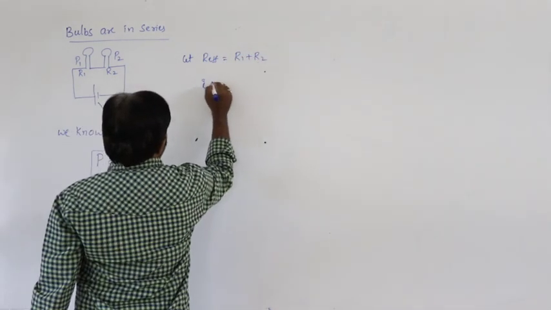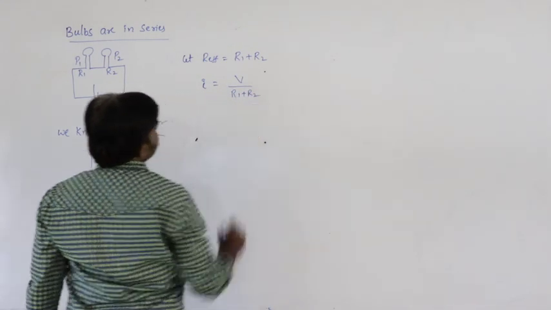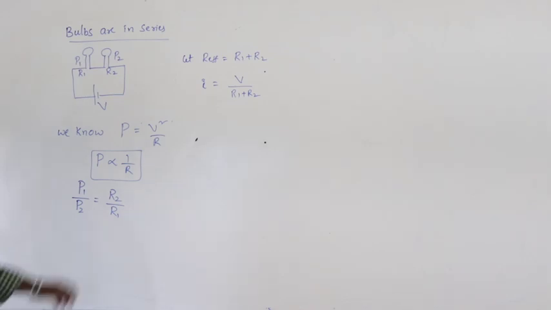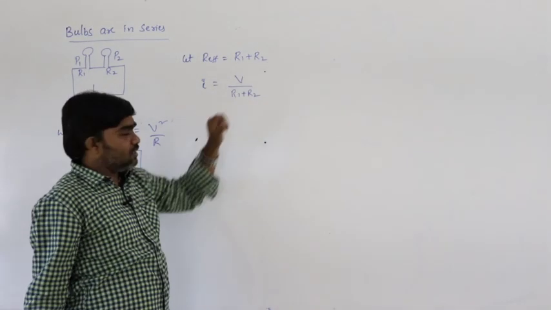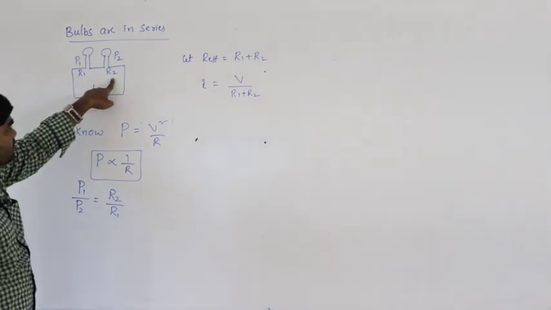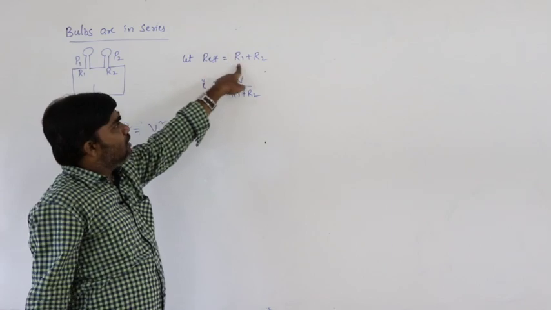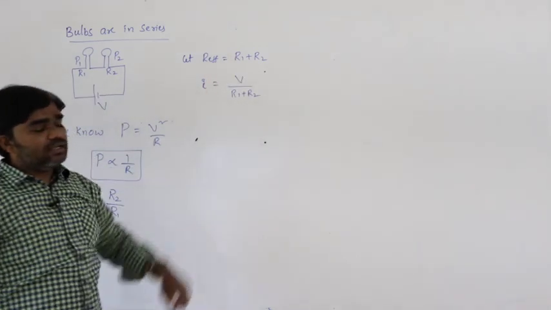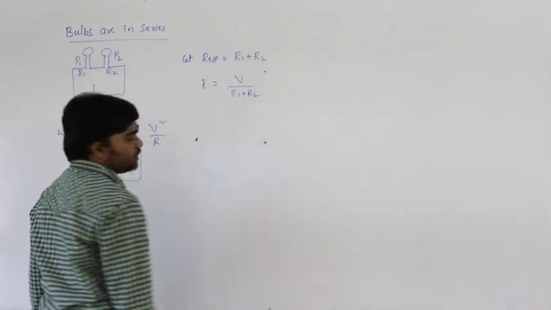Then current can be written as potential by resistance. The potential is V and the total resistance is R1 plus R2. Here this resistance is R1 and this resistance is R2. Then I is equal to V by R1 plus R2.